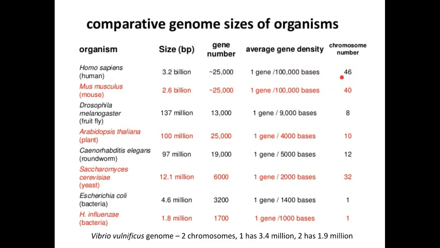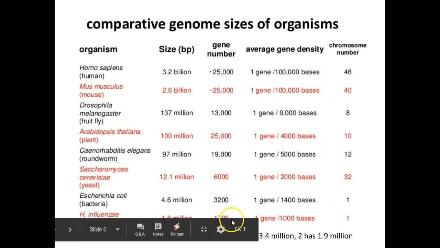Okay, so let's take a look down here at the E. coli genome. It's about 4.6 million in size. There are about 3,200 genes, okay? And on average there is a gene density of about 1 gene per 1,400 bases.